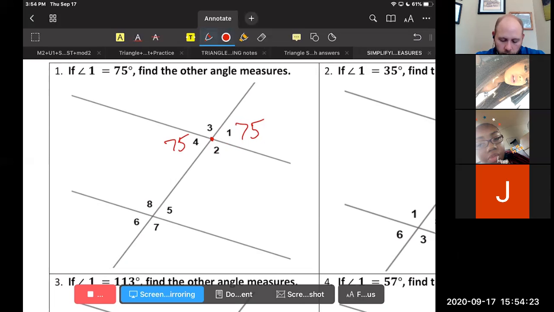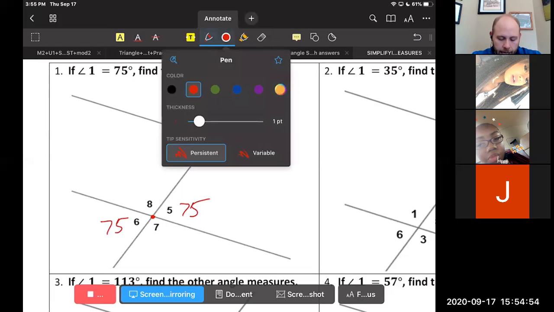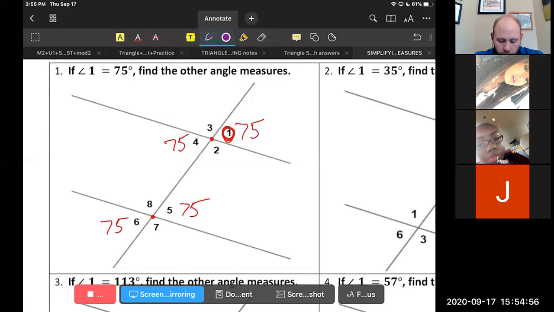Which one is also in the right section? 5, yeah. So that's 75 as well. And then you can do vertical angles. Which one's vertical with 5? 6, yeah. Well done. So now we have our 75 degree angles.